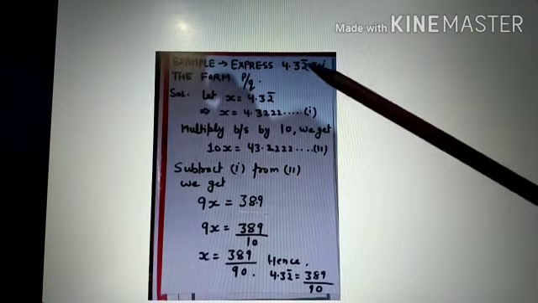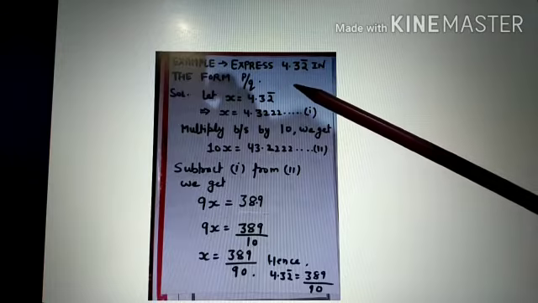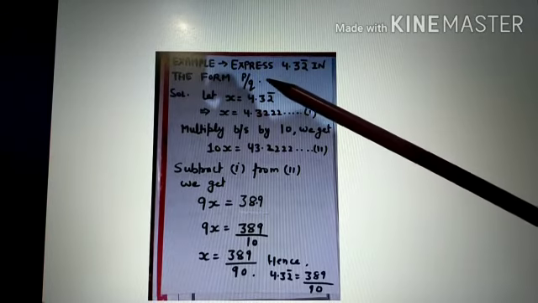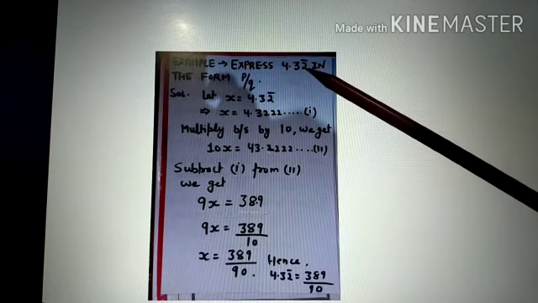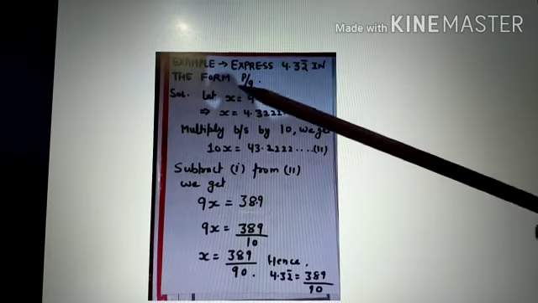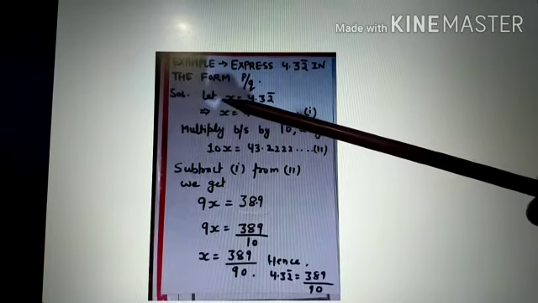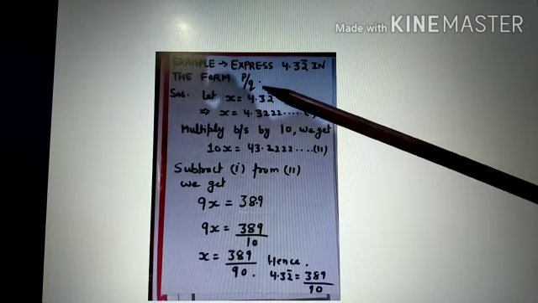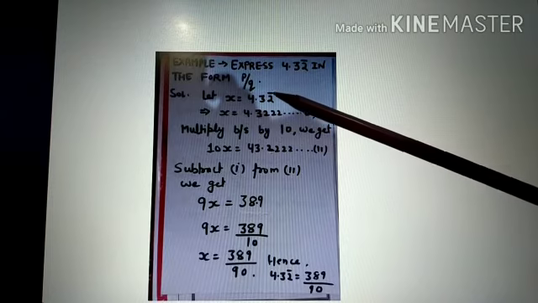Second example, express 4.32 bar in the form of P by Q. Here we have bar on only one digit. Then first we have to let x is equal to 4.32 bar. Then we have to remove the bar.